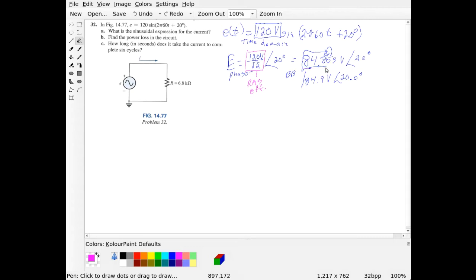You'll basically get the right answer, but you'll have some round off error. So take it out to 5 digits as you're doing calculations, and then only round it as you're entering it into Blackboard.